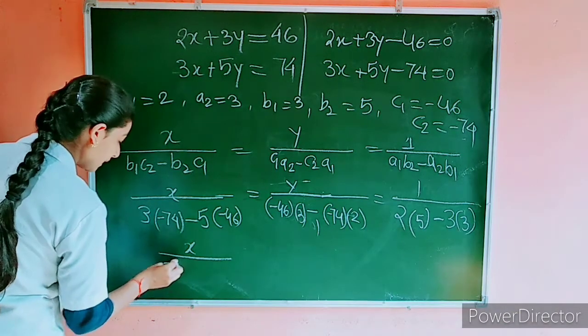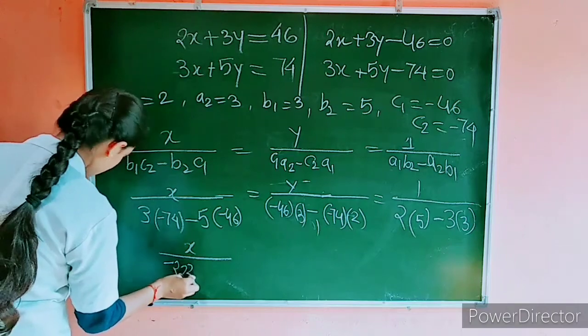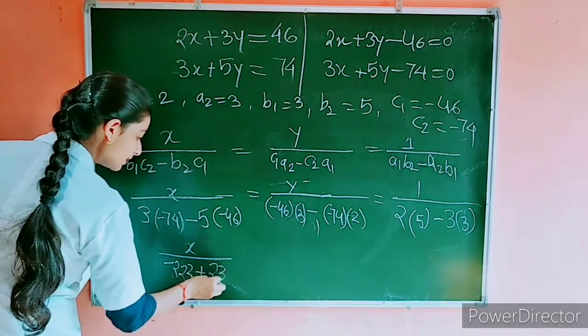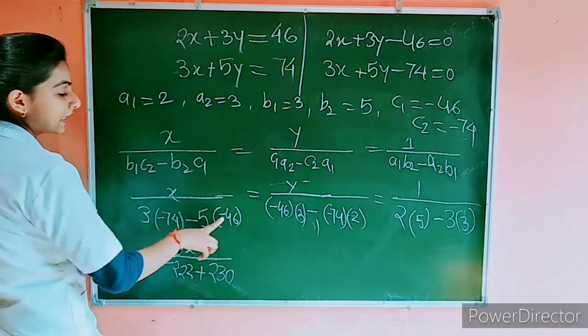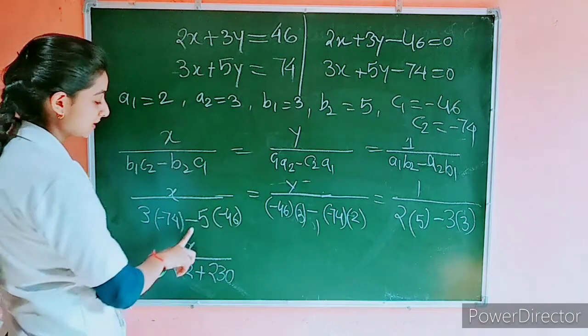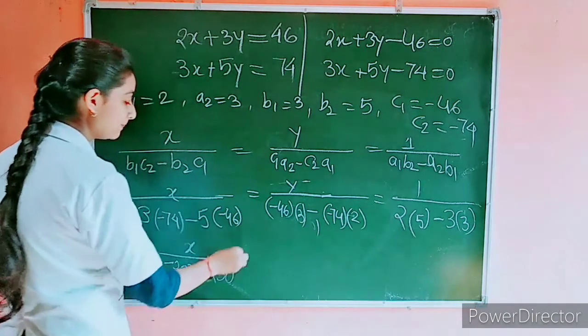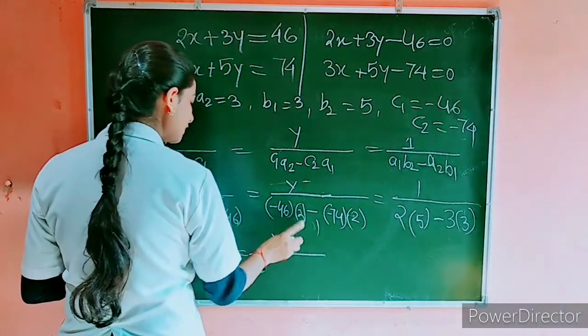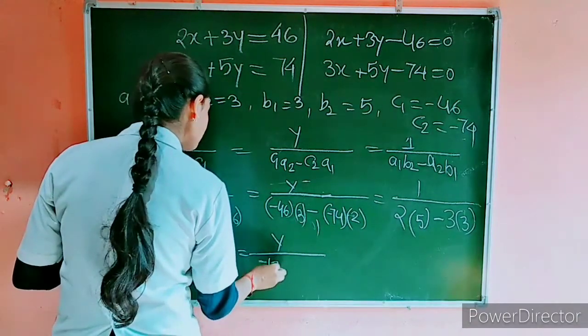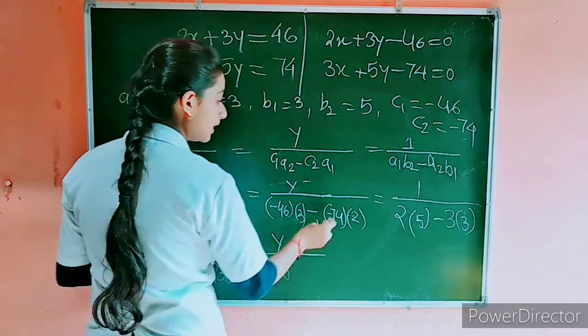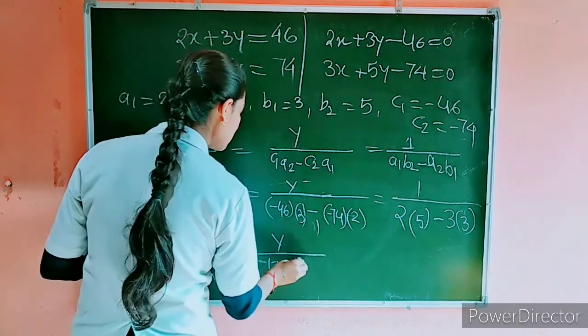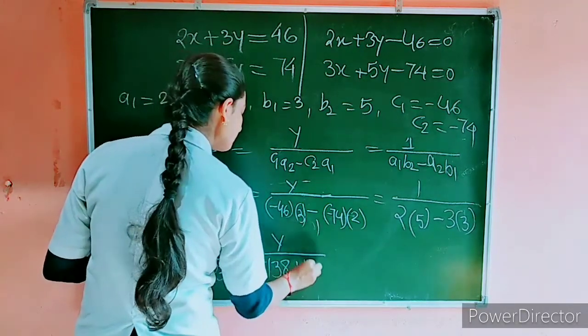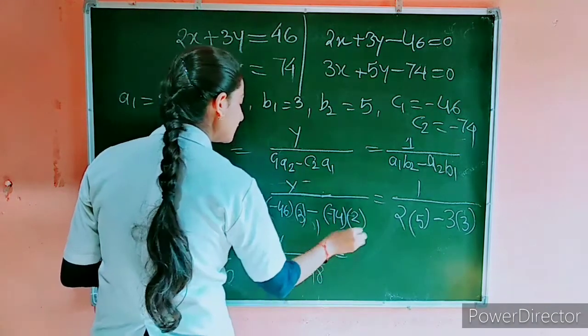x upon minus 222 plus, minus and minus will become plus. This minus and this minus will become plus. Minus 46 into 3 will be minus 138. Now this minus and this minus again will become plus 148.